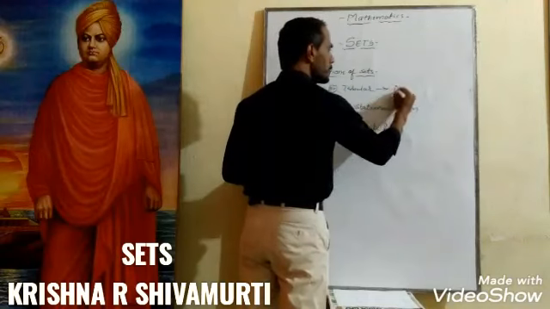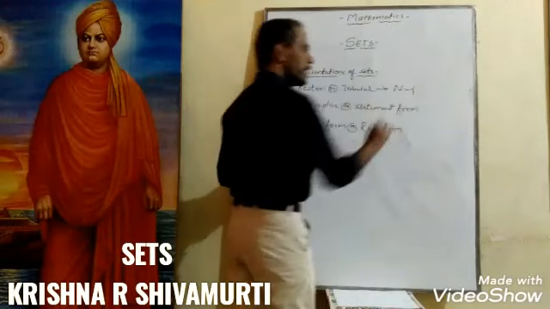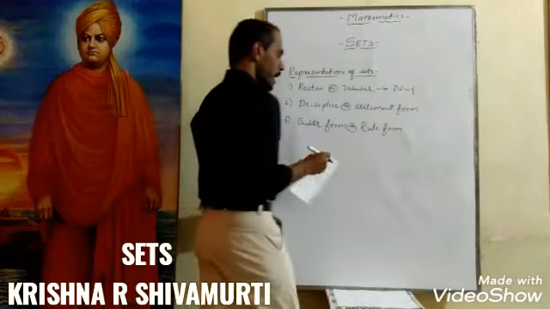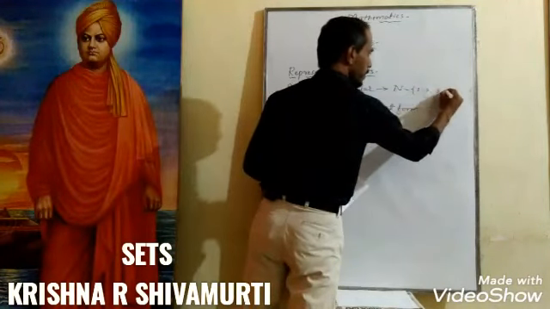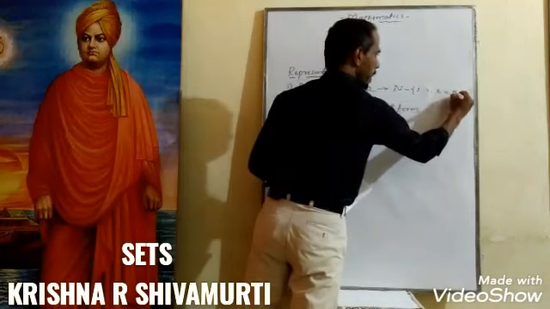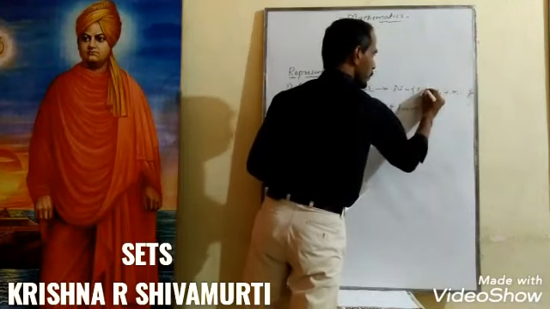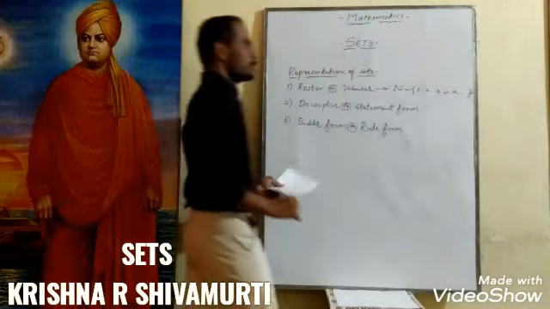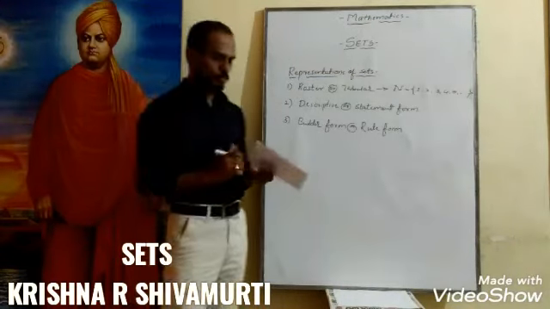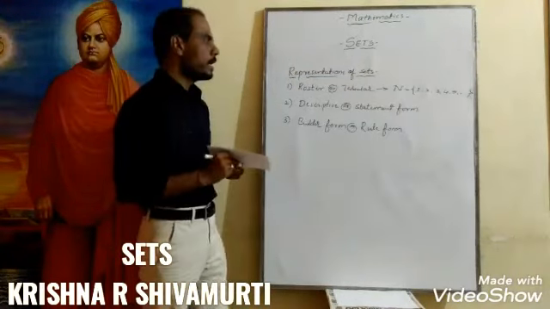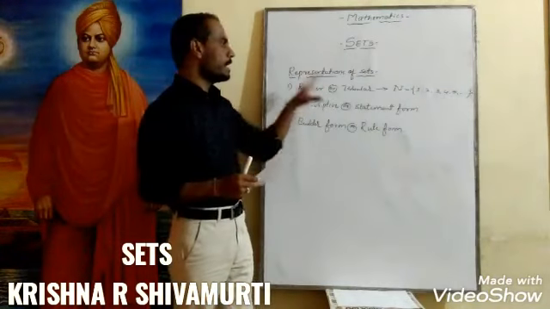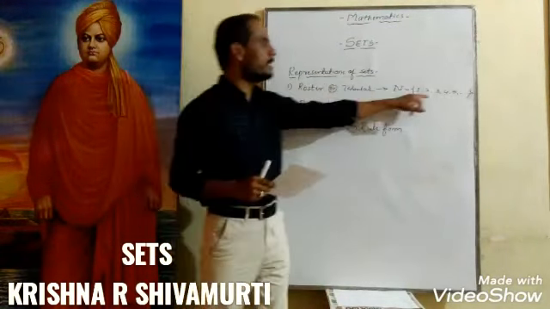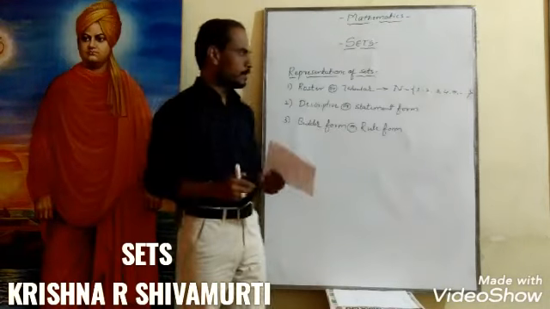Set N is equal to 1, 2, 3, 4, 5, 6, 7, 8, and so on.